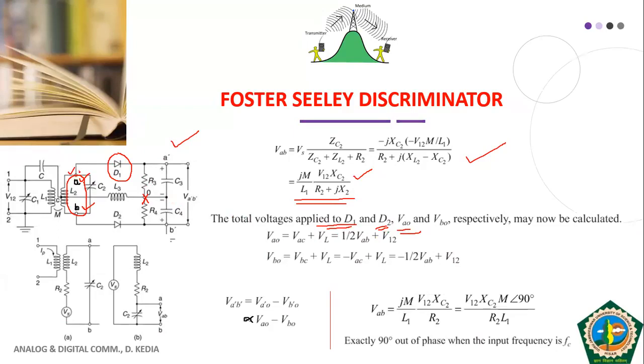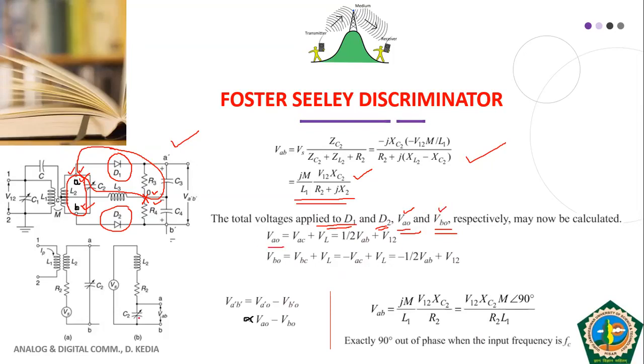This is your VA and this is your VO. So the voltage applied is represented as VAO. Similarly, the voltage across diode D2 is nothing but VBO, the voltage across this D2. Fine. So now we need to find out what VAO and VBO are.